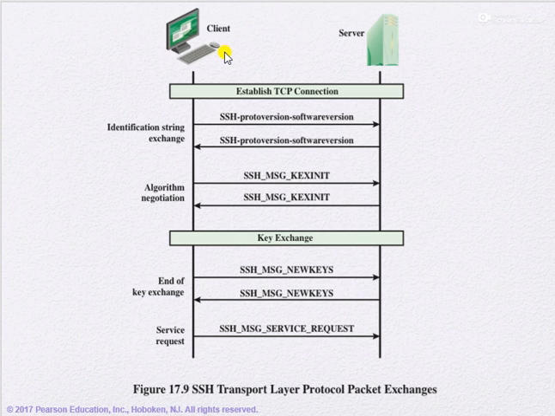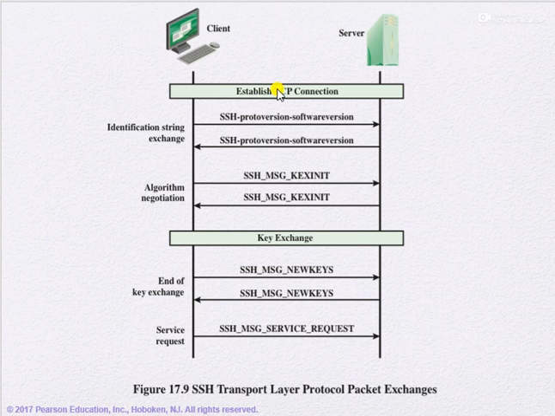Okay, this figure shows the messages that are transferred between client and server in the transport layer protocol. First the client establishes a TCP connection to the server, and this is done via the TCP protocol. TCP is not part of SSH itself, so it will be done through TCP.